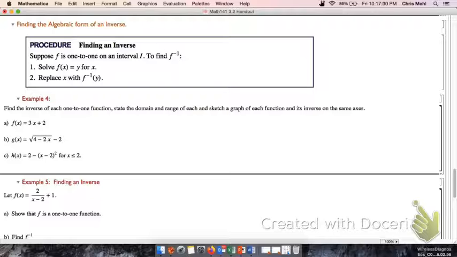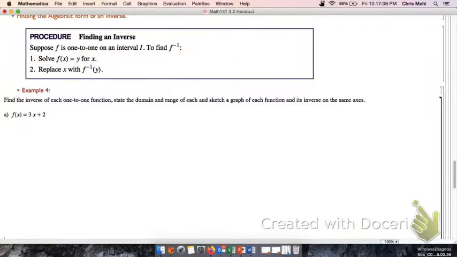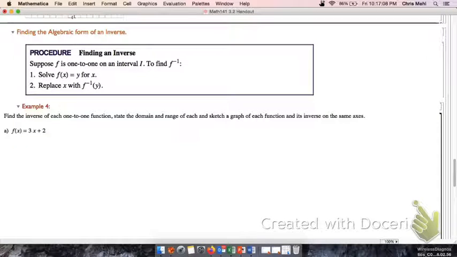Okay, so here's the procedure. First of all, you have to suppose f is 1 to 1 on an interval I. So the original function has to be 1 to 1. And then how you solve for the inverse is you're going to first solve the equation f of x equals y for x.